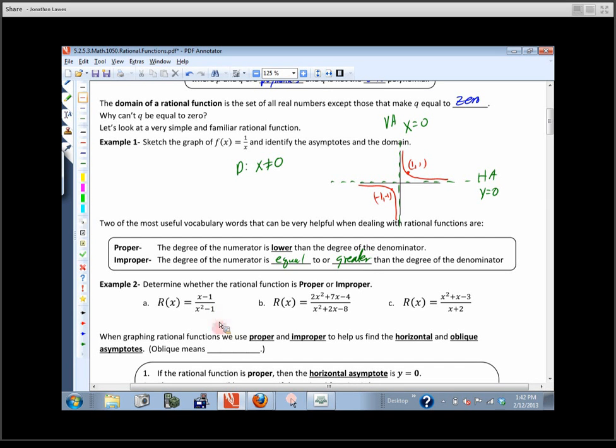If it is, we say it's proper. What about this one? This one is proper. What about this one? This one is improper. They happen to be exactly the same, but remember, if the two degrees are the same or the top is bigger than the bottom, then we say that it's improper. And how about this one right here? This one is also improper.